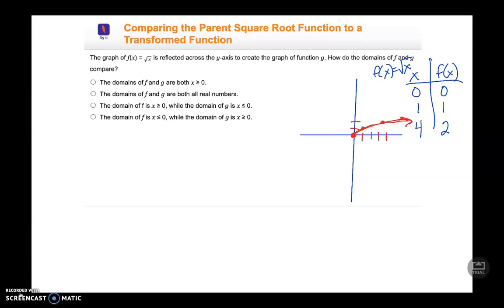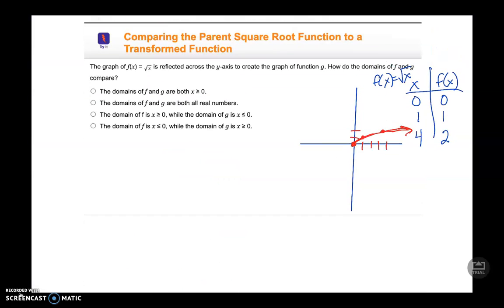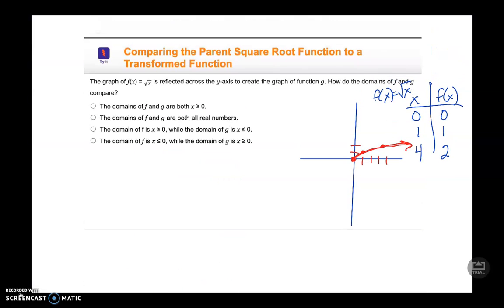Now we're going to be reflecting them across the x-axis, or excuse me, this one's the y-axis. Whenever you reflect across the y-axis, this point stays the same, and it's going to be exactly opposite. So instead of 1, 1, it's negative 1, 1, and then negative 4, 2.